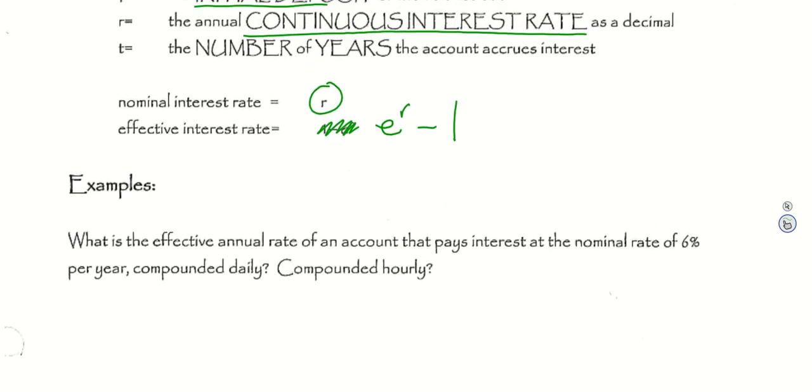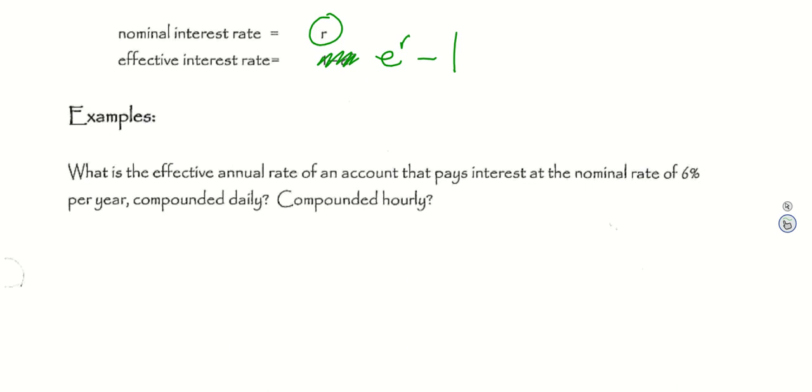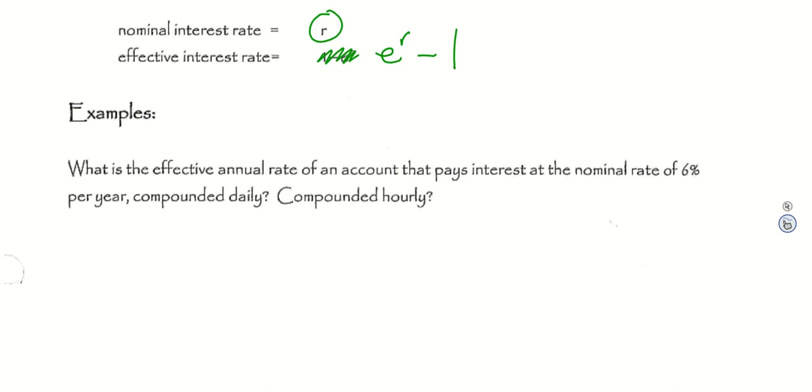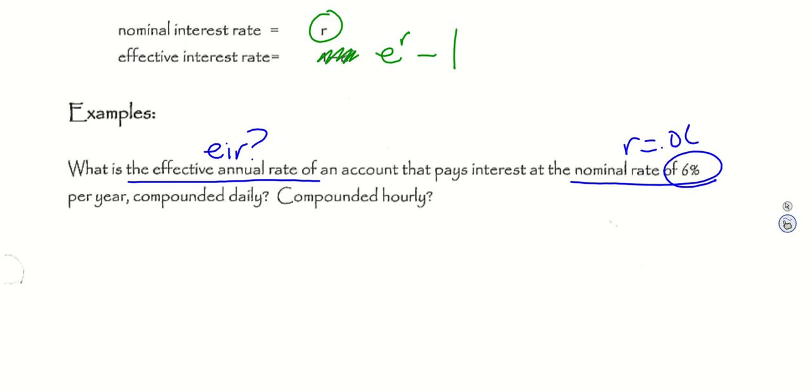So if we apply that in an example, this is asking us to find what is the effective annual rate, so what is my EIR, for an account that pays interest at the nominal rate of 6%. So that gives me my r is 0.06, when it is compounded daily. So that would be n equals 365.